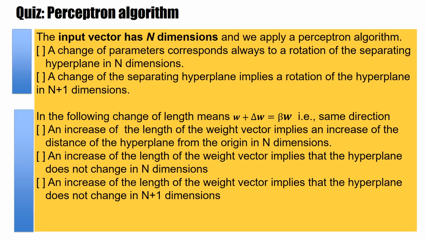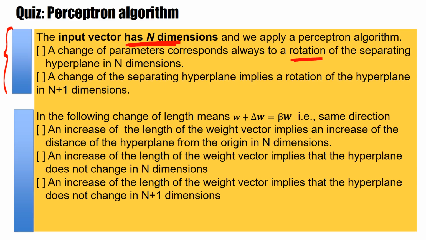Before we finish, let's do a little quiz. I walk you through in 2 steps. Let's first read together the first set of 2 questions, these 2 here. We assume here that the input vector has n dimensions. That's very important for the answers. And we apply a Perceptron algorithm. The claim is a change of parameters corresponds always to a rotation of the separating hyperplane in n dimensions.